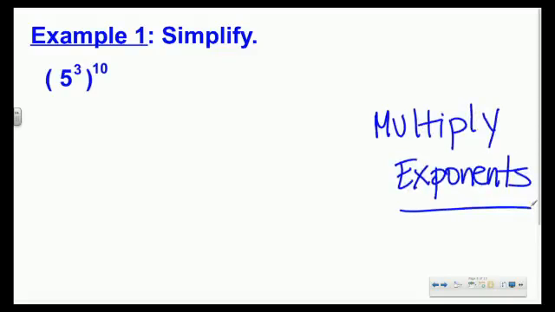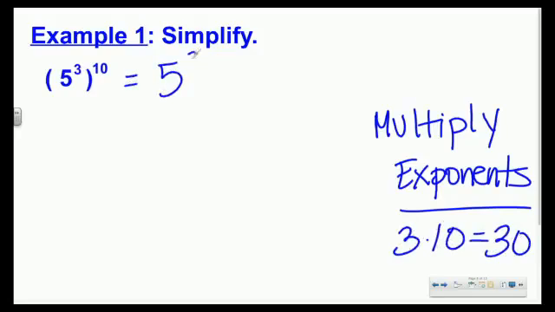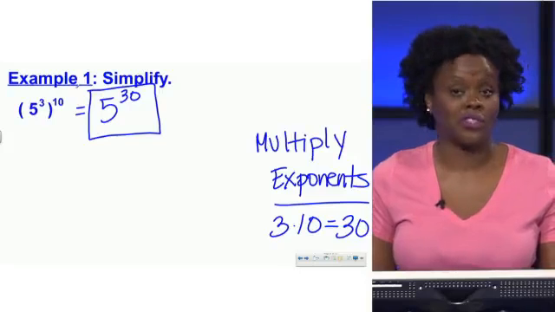So 3 times 10, that's 30. So that means that this simplifies to 5 to the 30th. If we really took the time to expand that all out and write all those 5s, you would be multiplying 30 5s together. Nobody wants to multiply 30 5s together, so you can just represent it like this, 5 to the 30th.